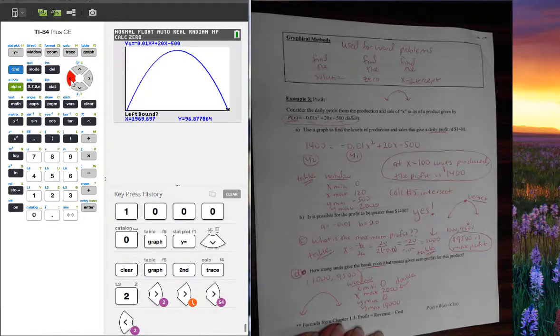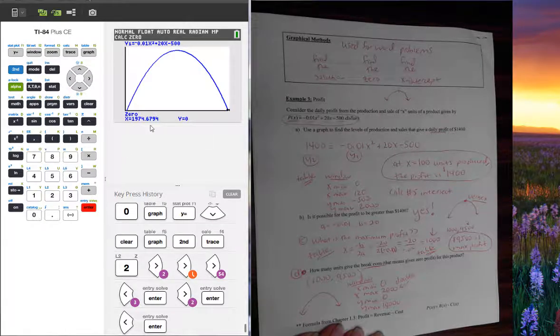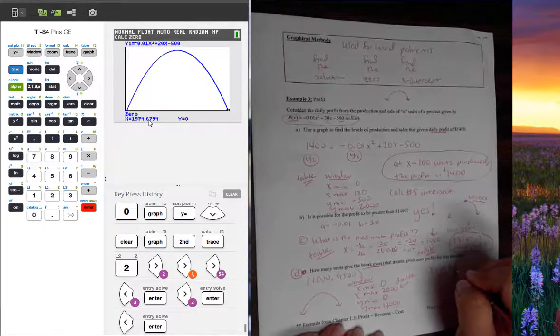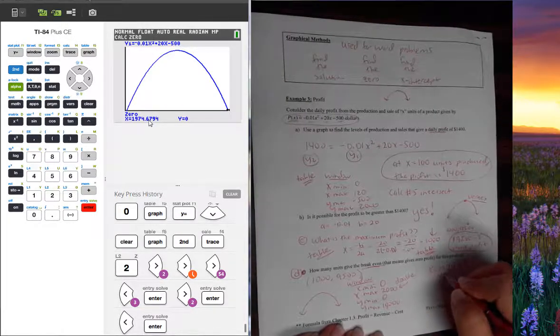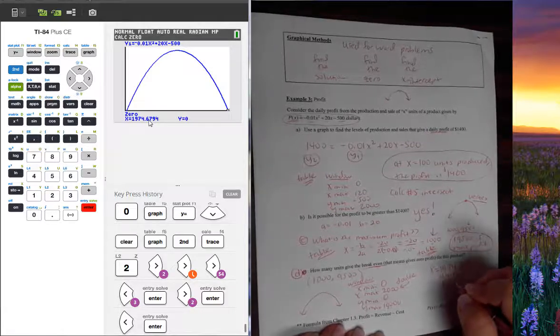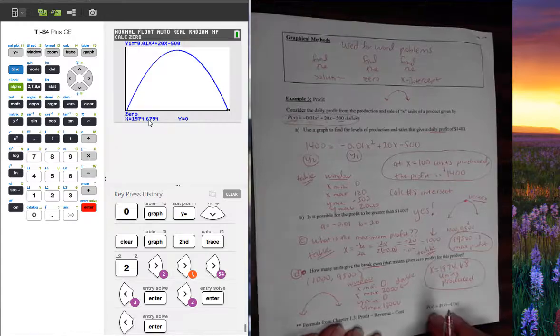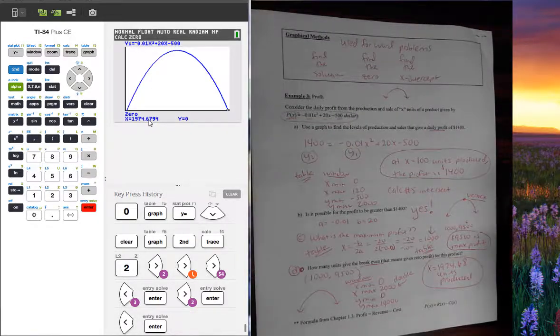Ooh, too far. Left bound, right bound, and guess. So at 0, X equals 1974.68 units produced. You have your break-even point. 0 profit.